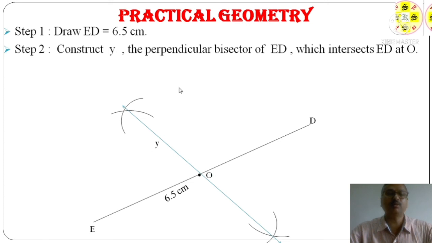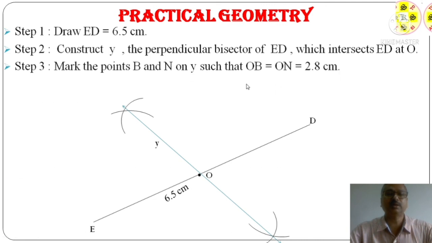So now this is Y, I have written Y. Now you have to mark half of the other diagonal. Next is given 5.6, half of 5.6 is 2.8.